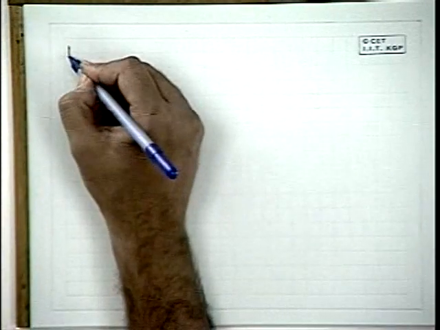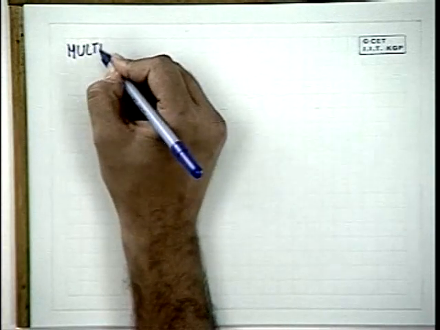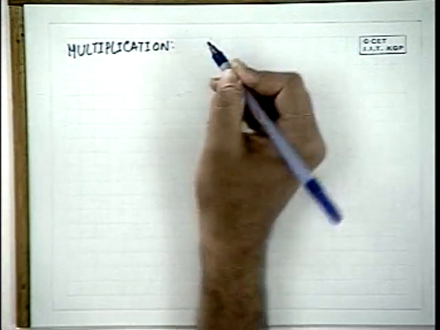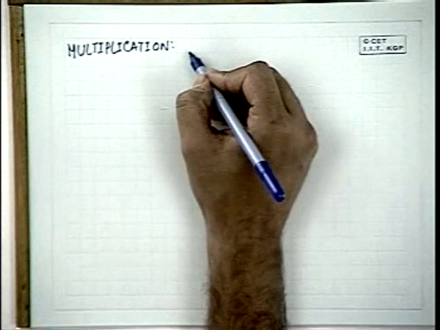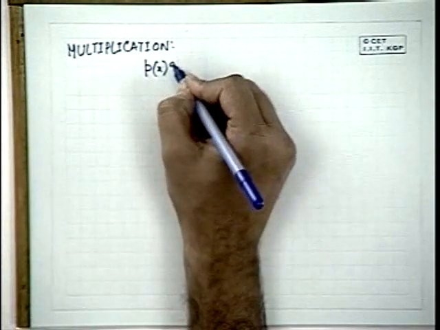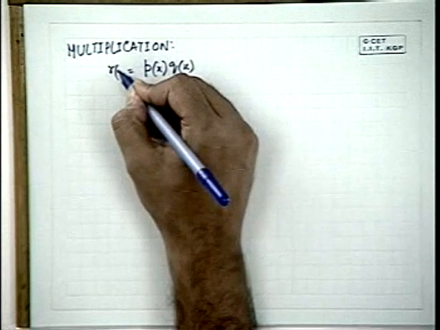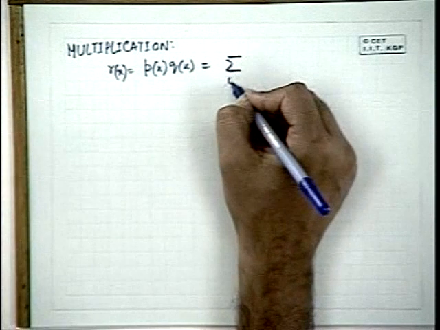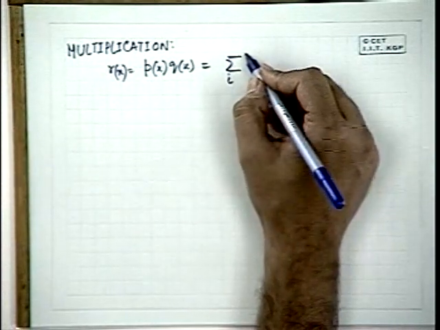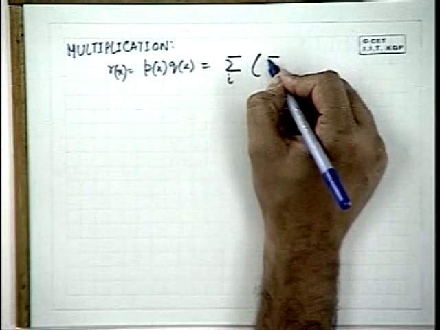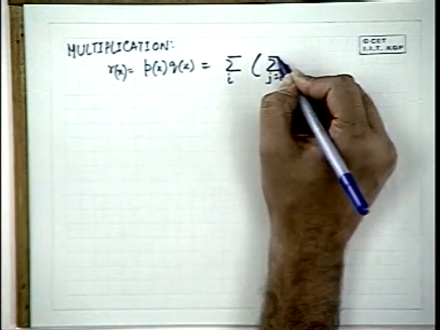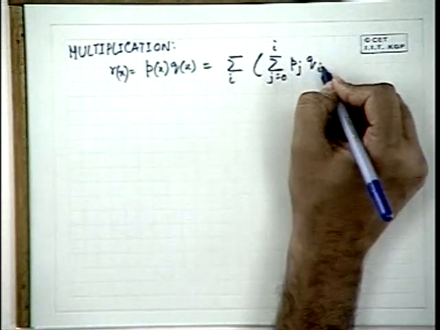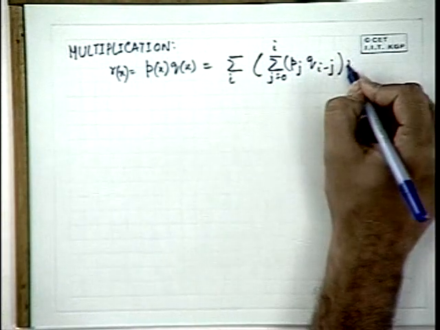And the next operation is multiplication. Again we have been given P(x) and Q(x), and we are asking for P(x) times Q(x). This time R(x) is equal to P(x) times Q(x), and it will look like the sum over i, and there should be another sigma j going from 0 to i of Pj Q(i minus j), that is the coefficient of xi.